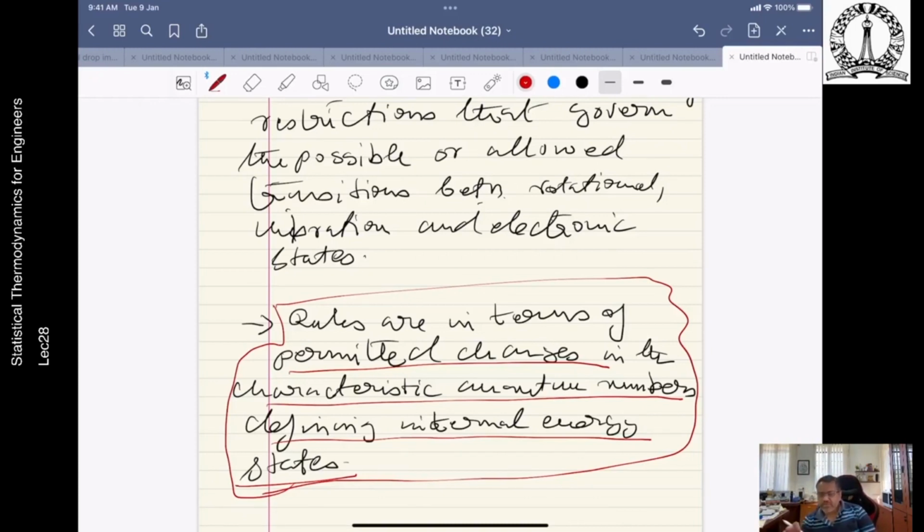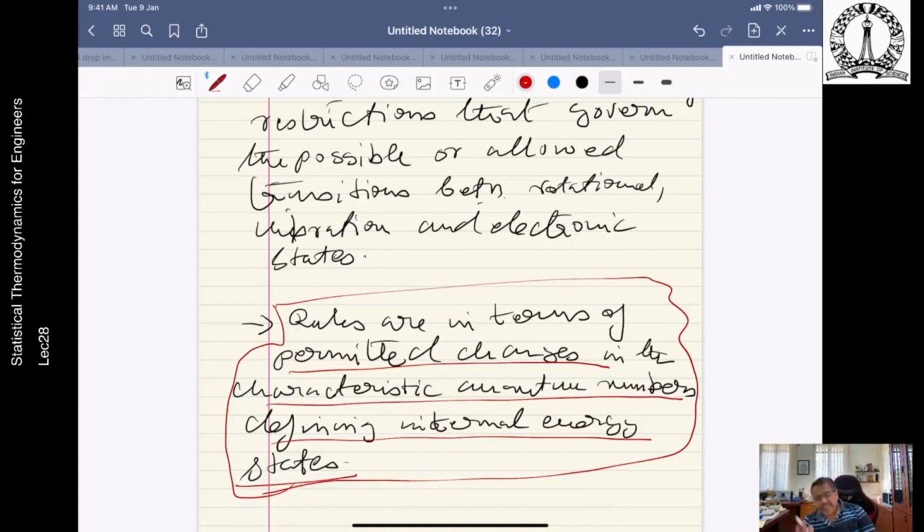While selection rules are experimental, there has also been significant theoretical confirmation by the application of perturbation theory. Perturbation theory is something that you apply to the Schrodinger wave equation.